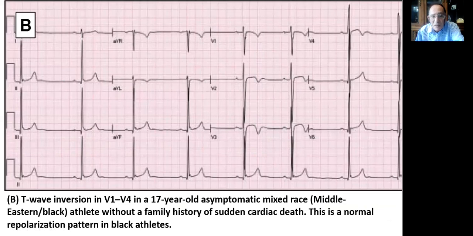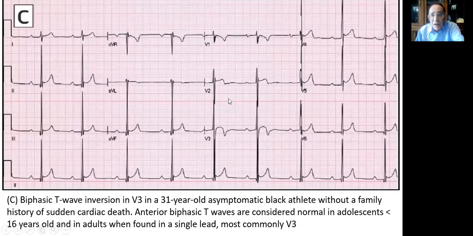In black athlete, this is accepted as not pathological. Here there is T inversion with ST elevation, have some similarity to Brugada type 2. In a young person, 16 years, this can pass as not pathological.